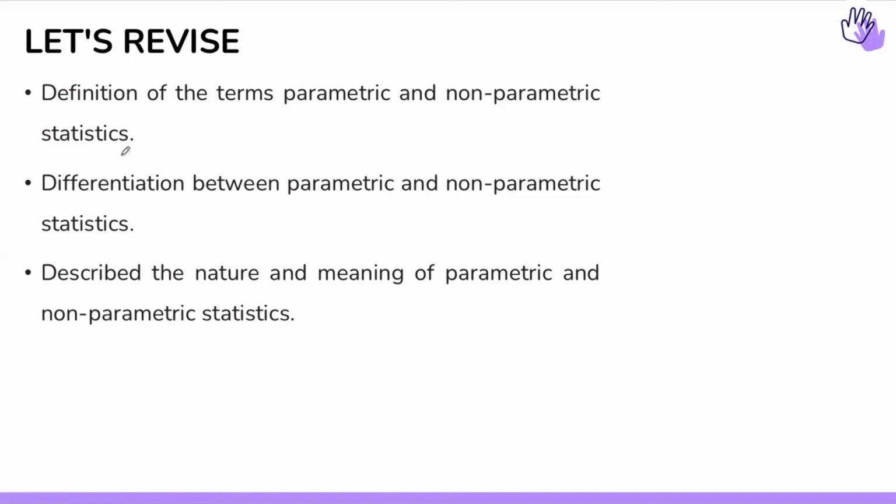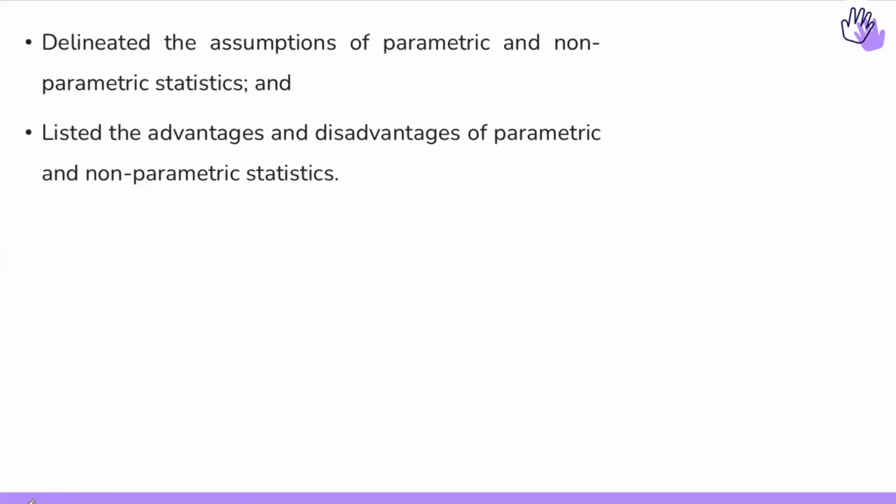We did not go into the details of each test, how it is done, or examples, because this was just an introduction to what parametric and non-parametric statistics are and the difference between them. We focused on describing the nature and meaning of parametric and non-parametric statistics, their assumptions, and their advantages and disadvantages.